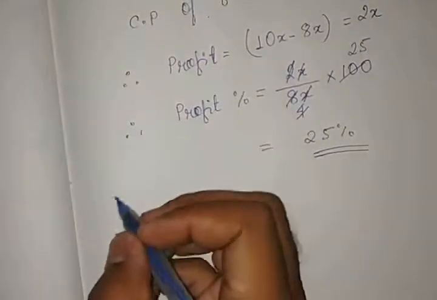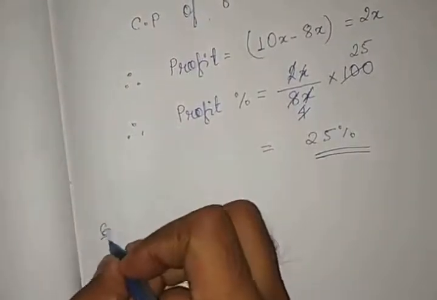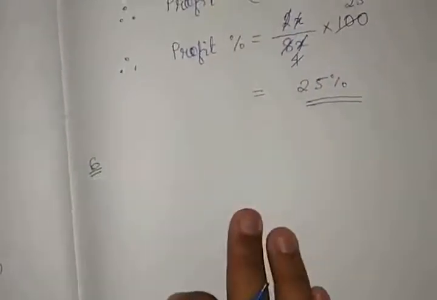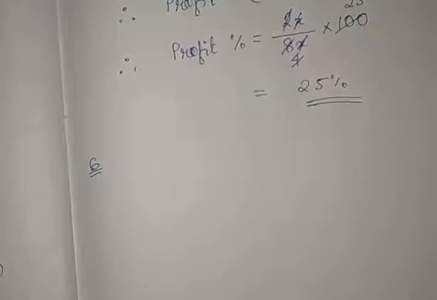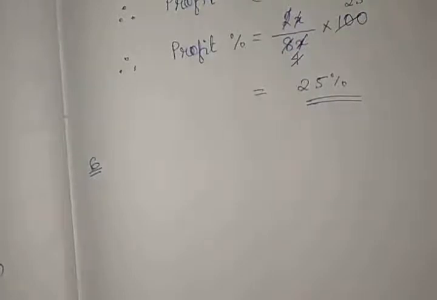Now let us see question number 6. Question number 6 states, by selling an article for rupees 240, Kunal suffers 20% loss. At what price should he sell it to gain 10%?